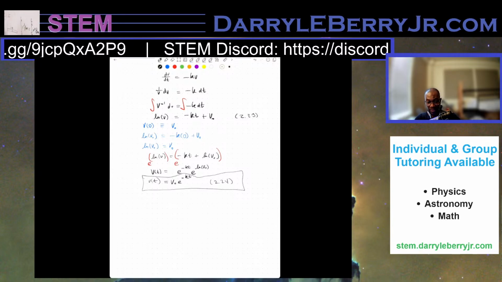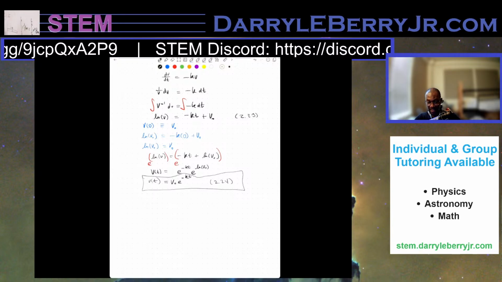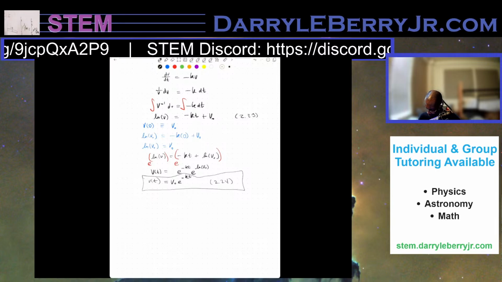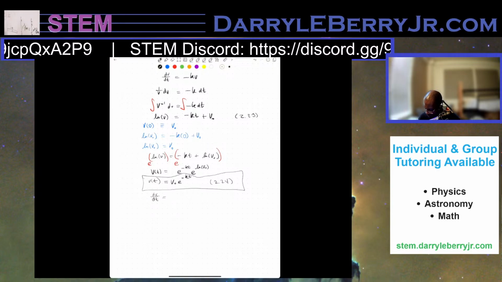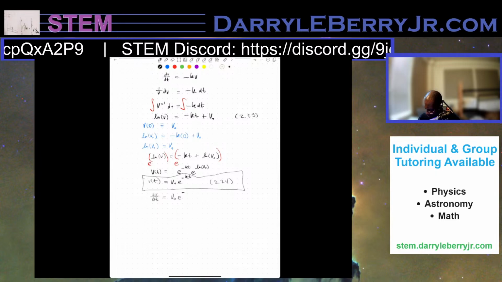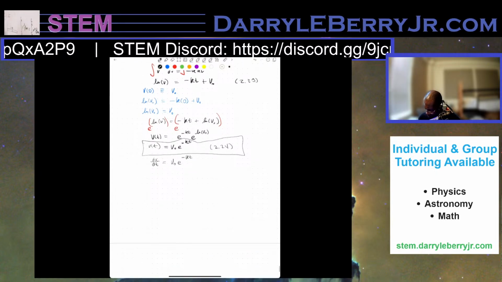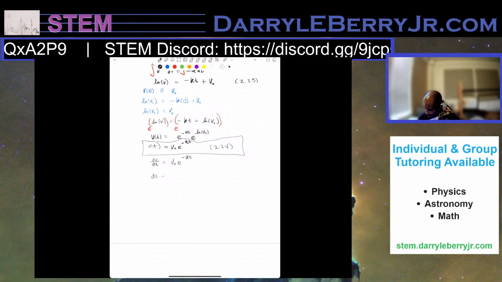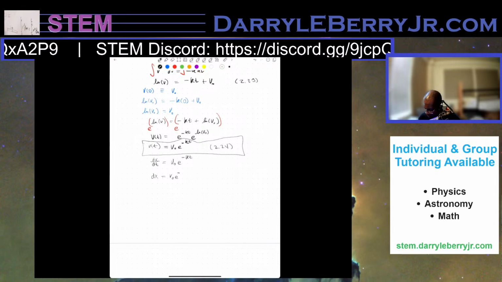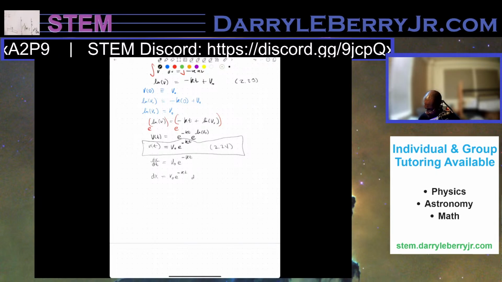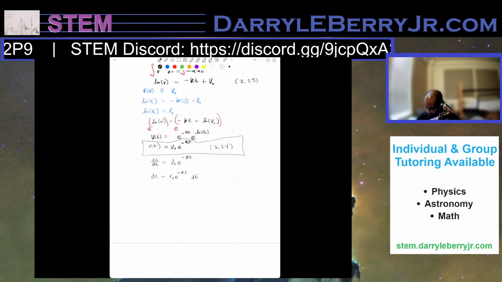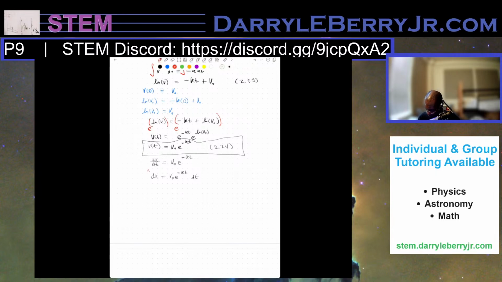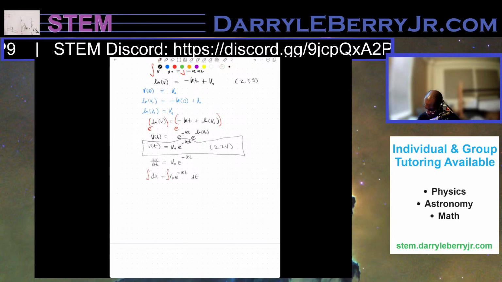We can integrate this equation to obtain the displacement x as a function of time. So dx over dt equals v naught e to the negative kt. dx equals v naught e to the negative kt dt. Integral of both sides.